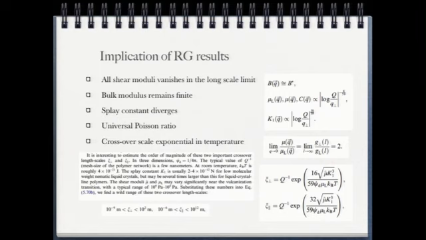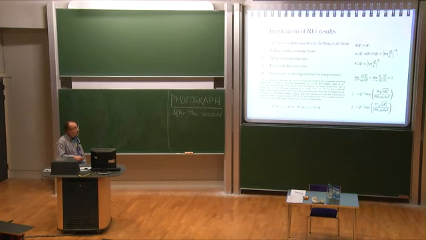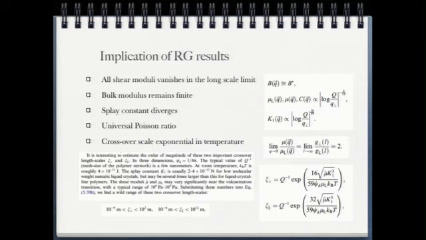So the implications of these RG results are the following: all the shear moduli vanish in the long scale limit, but the bulk modulus remains finite. The splay constant actually diverges in the long wavelength limit. And there's a universal Poisson ratio between mu_L and mu, the 2 shear moduli.